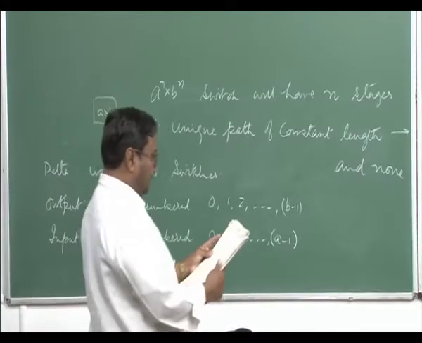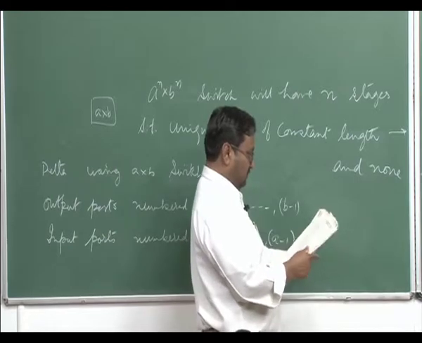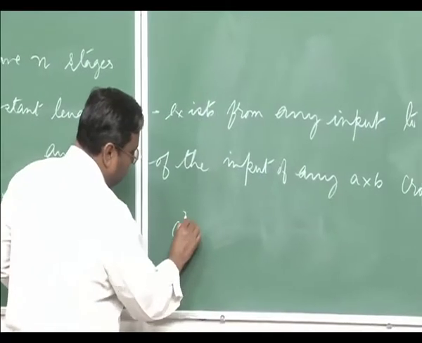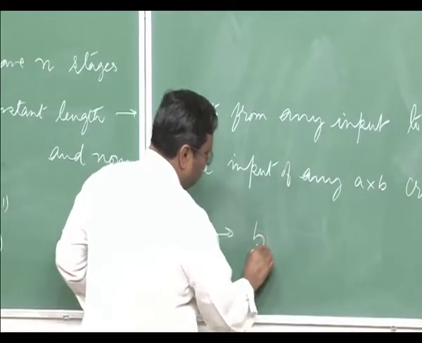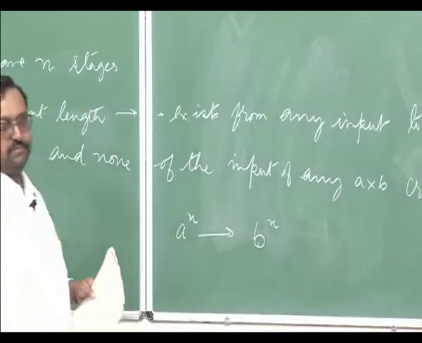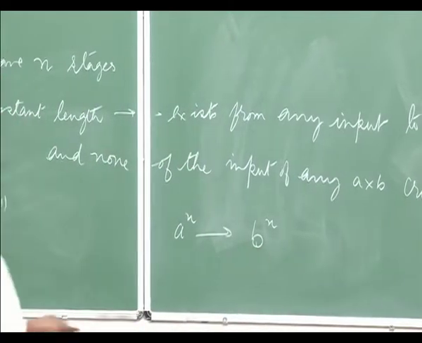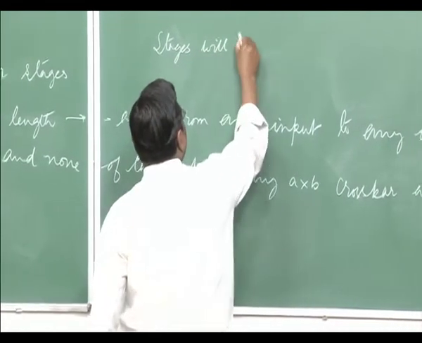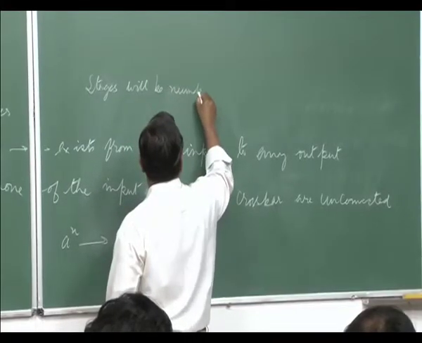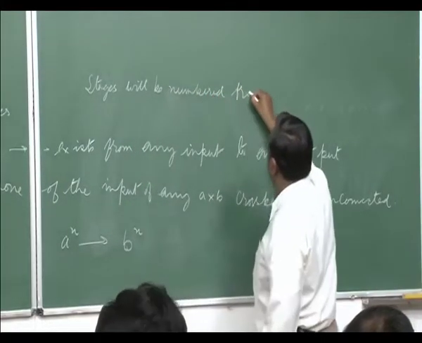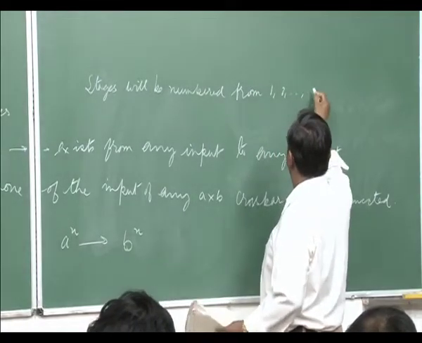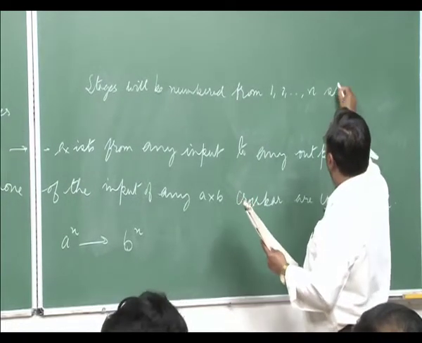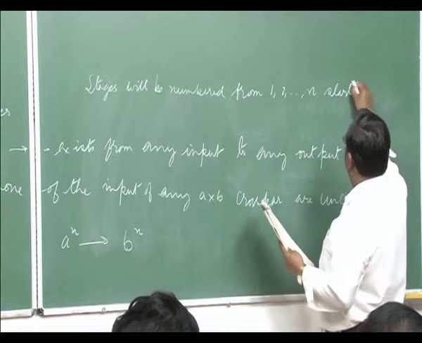This is obvious. And of course we also know that you will have A raised power n sources, they will be mapped onto B raised power n destinations or the output ports, and the stages will be numbered from 1 to n, starting from the source side.